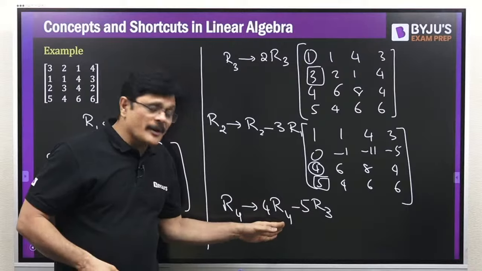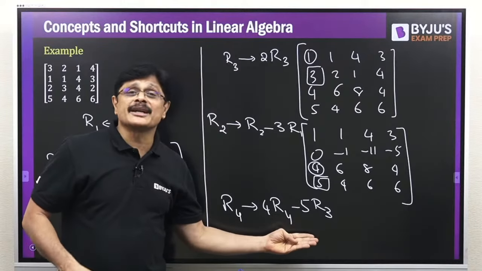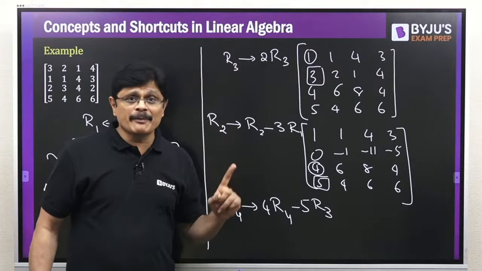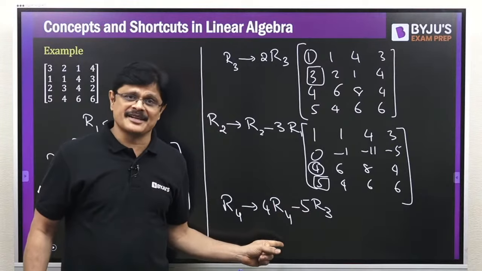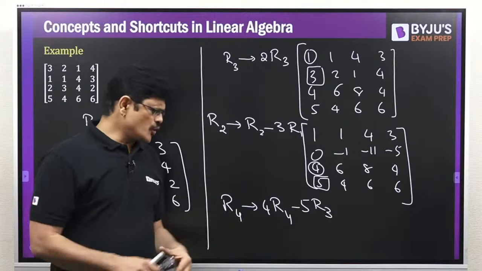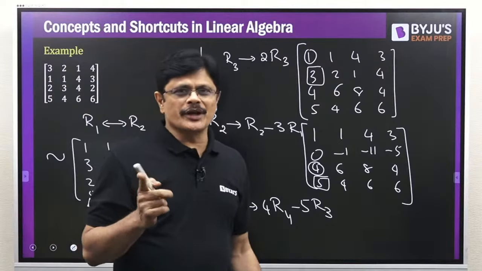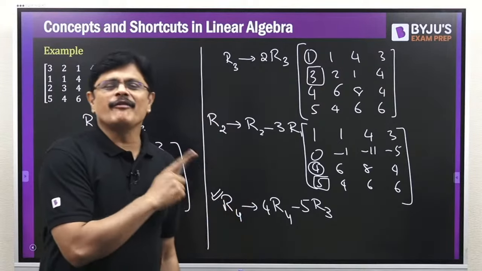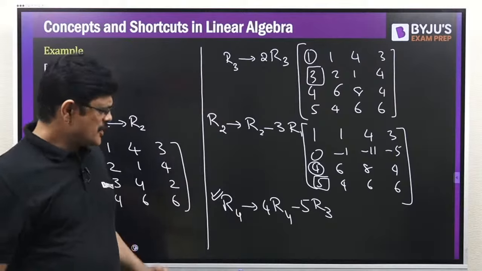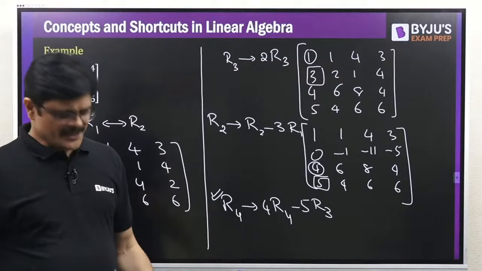The second and third row operations are combined to make this particular row operation. But it is not allowed for all problems, my dear friends. For some problems it is allowed. So I am postponing this, because the problem I am going to introduce today does not require this type of operation. Am I clear? So this is about row operations.